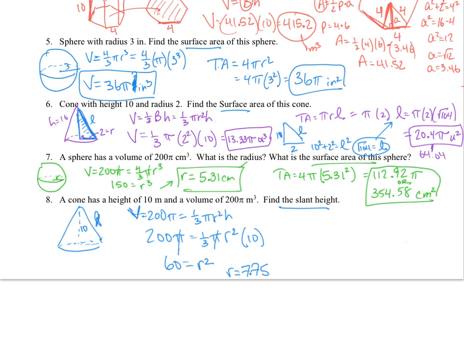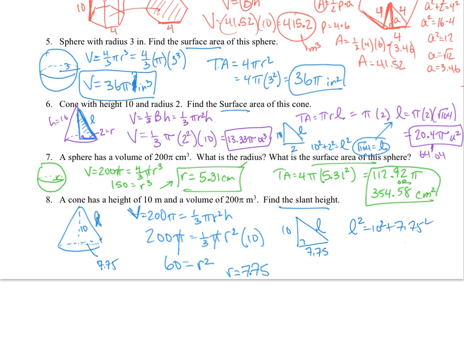So, we've got this as being 7.75, the height as being 10, and we can use this right triangle that we have to find the slant height. So L squared equals 10 squared plus 7.75 squared. So square our 7.75 plus 100.